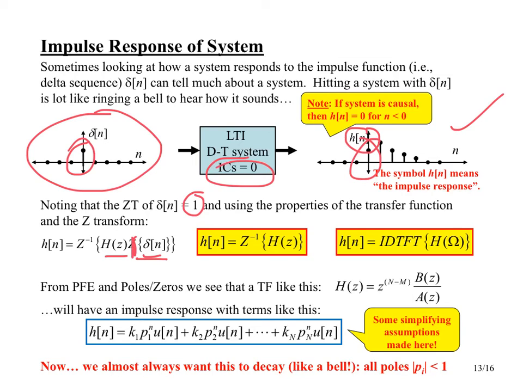So this just becomes H of z. So h of n is the inverse z transform of H of z. So in other words, H of z and h of n form a z transform pair. Likewise, h of n and H of omega form a DTFT transform pair.